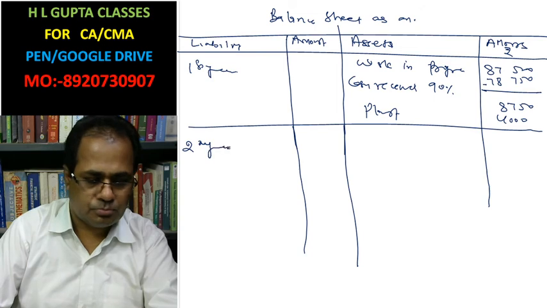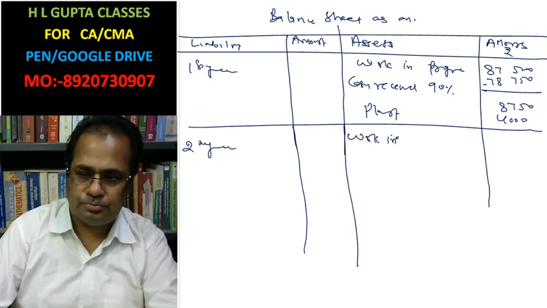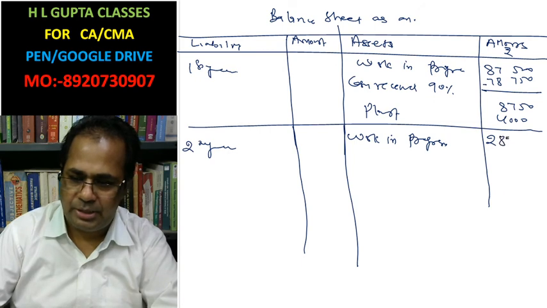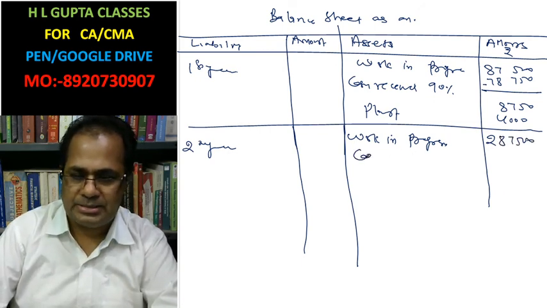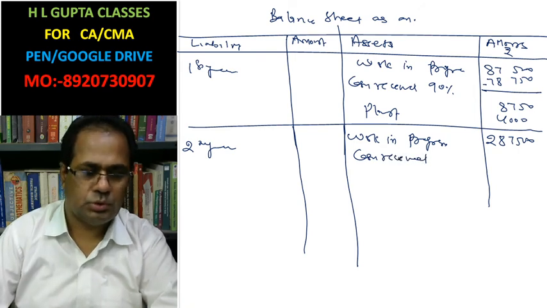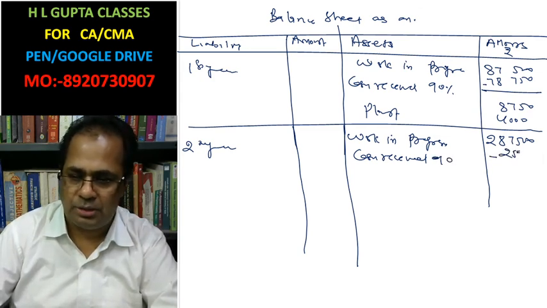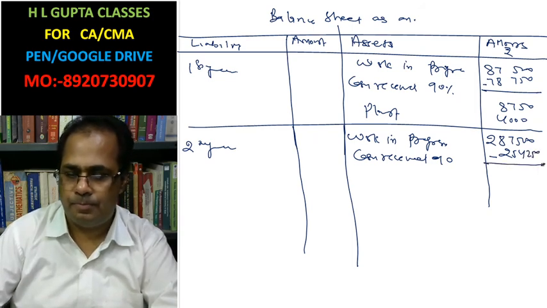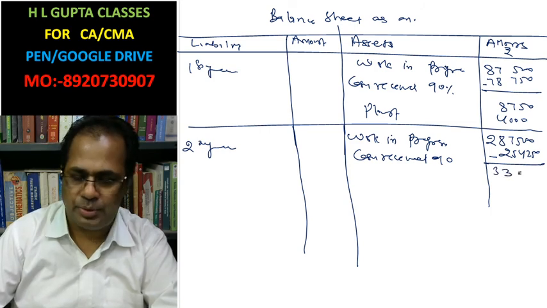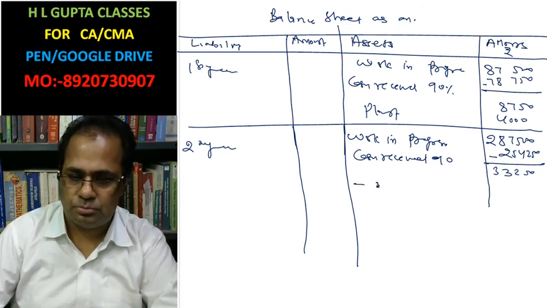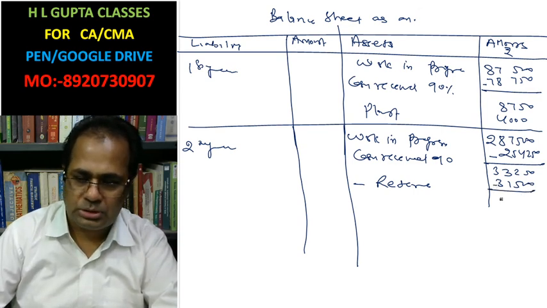Second year: work in progress 2,87,500. Cash received 90%, 2,54,250. The balance is 33,250, minus reserve 31,500, leaves 1,750.